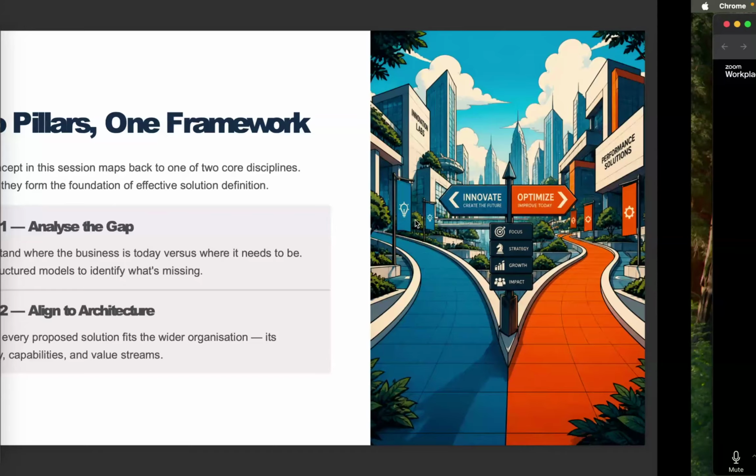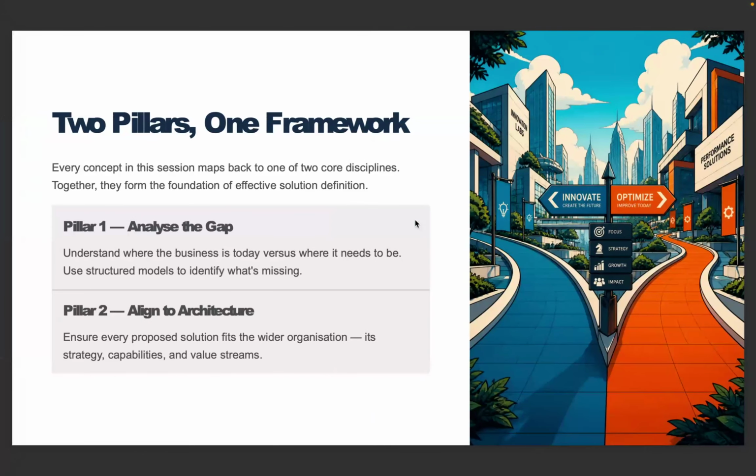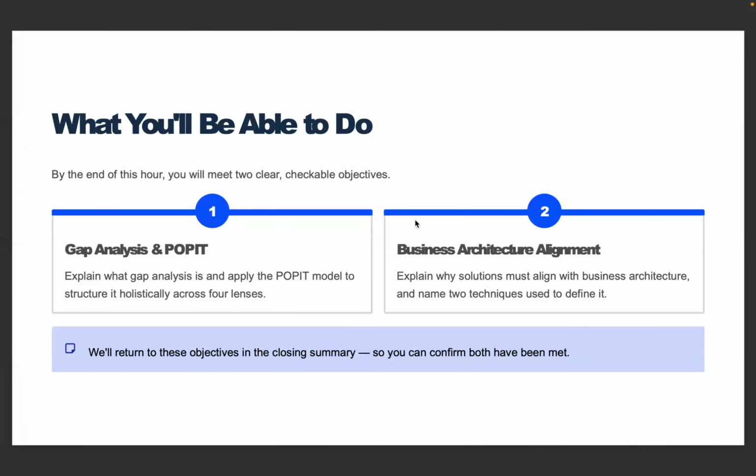So these two areas we're going to talk about are very important, and I'm going to be walking you through how to operate with them in business analysis. And by the end of this session, there are also two things that I want you to take away.